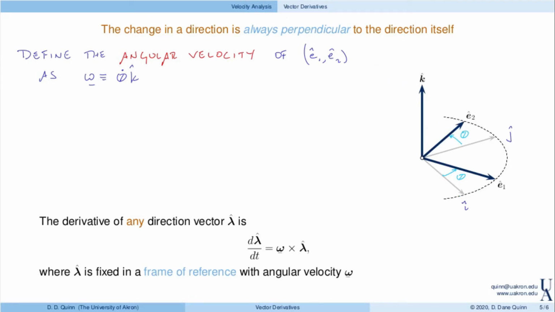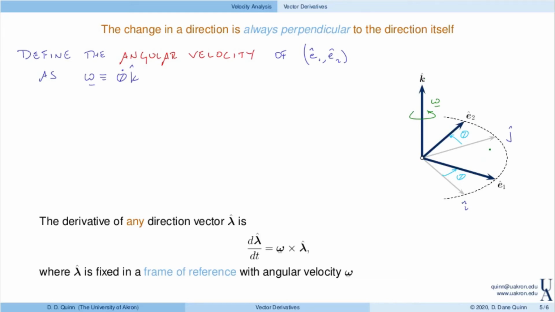Oftentimes we describe this angular velocity as a spin axis and a spin direction like so, omega. So here, the angular velocity would be in the k direction as indicated here. This is very much the right-hand rule.